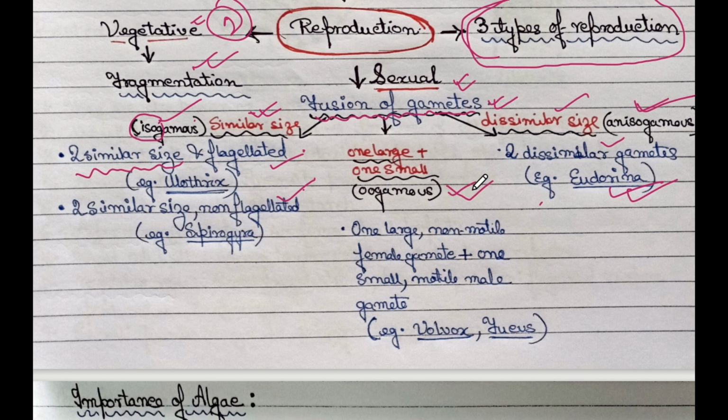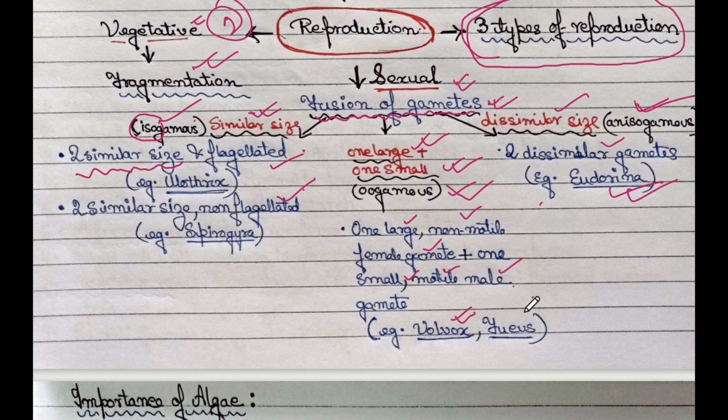Now the third type is a little bit interesting, that is oogamous. Here one is a large gamete, the other one is a small gamete. And this resembles reproduction in higher plants. What happens here? There is one large non-motile female gamete and one small motile male gamete.